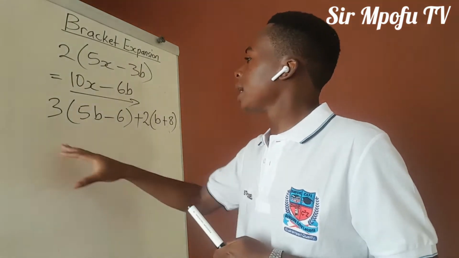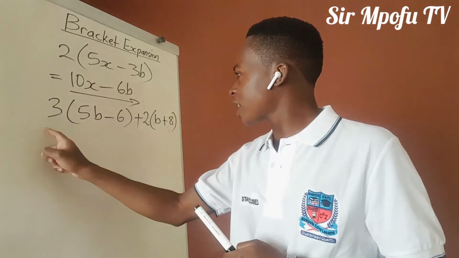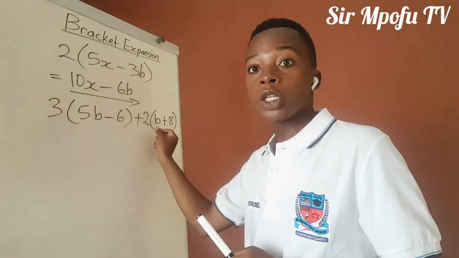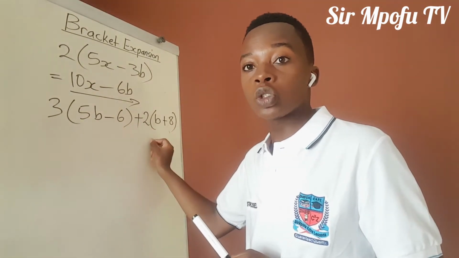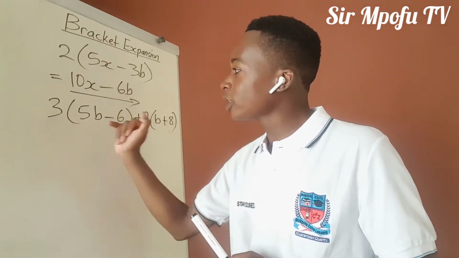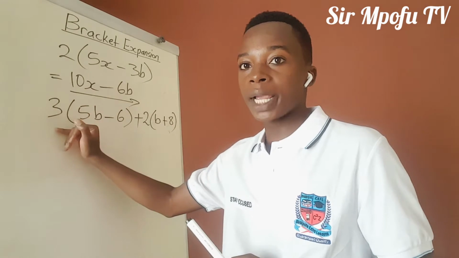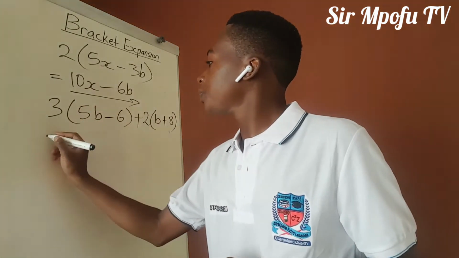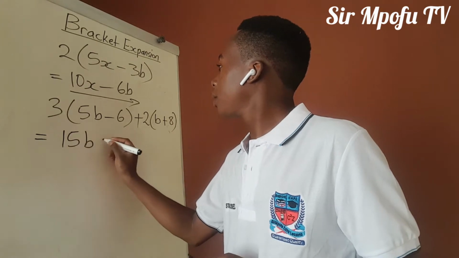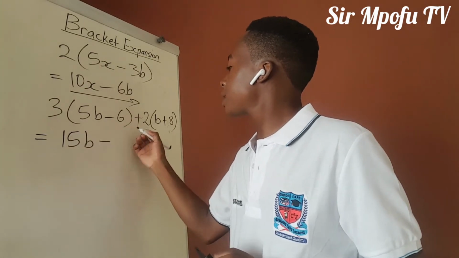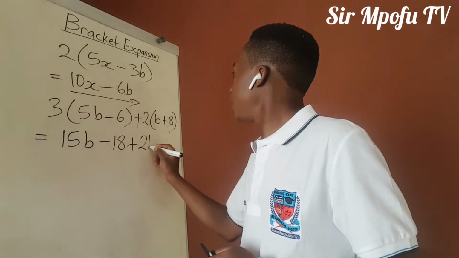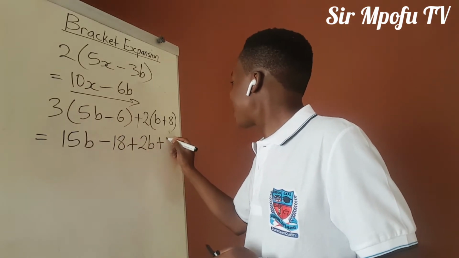Right, let us expand. It means this bracket you are expanding with 3, and this bracket you are expanding with 2. And to expand, as I told you, is to remove the bracket. And how do you remove the bracket? You multiply by the term that is outside the bracket. Now, this will be equal to 15b minus 3 times 6, that is 18, plus 2b plus 16.